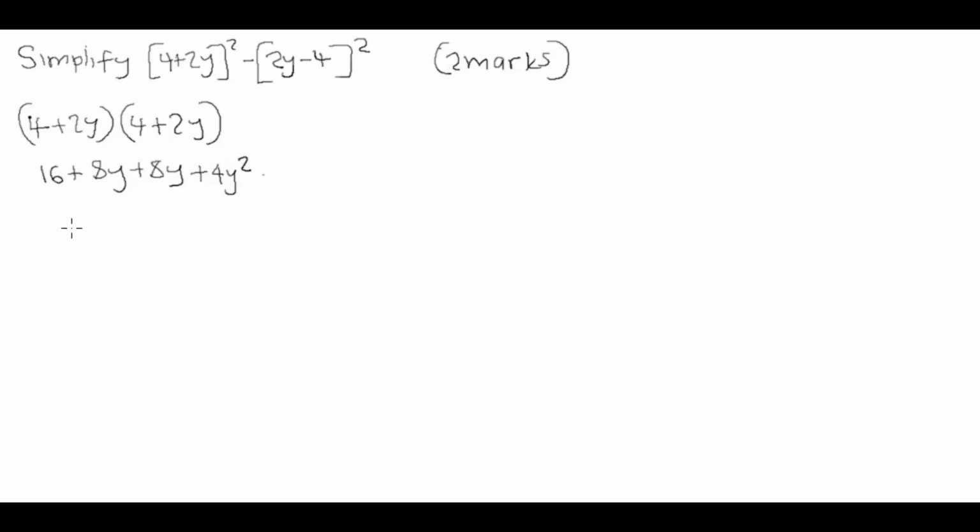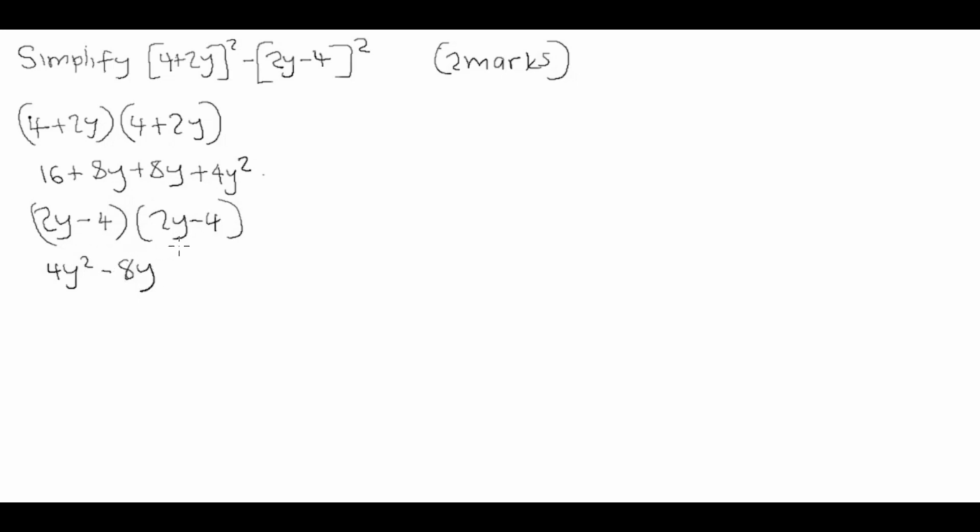Now the minus. Let's not get confused there, let's take it as individual, then we'll combine. (2y minus 4)(2y minus 4). 2y times 2y is 4y squared. 2y times minus 4 is minus 8y.